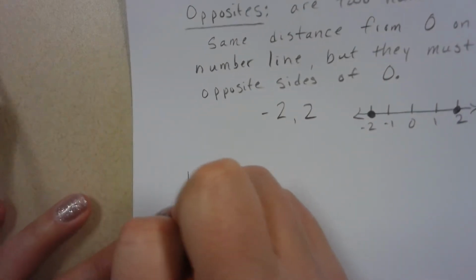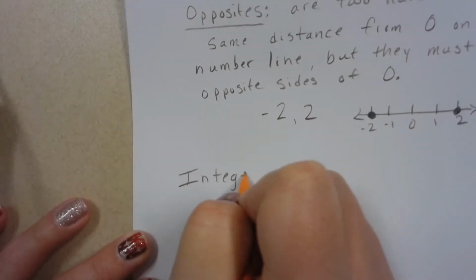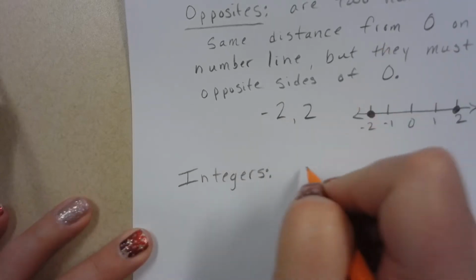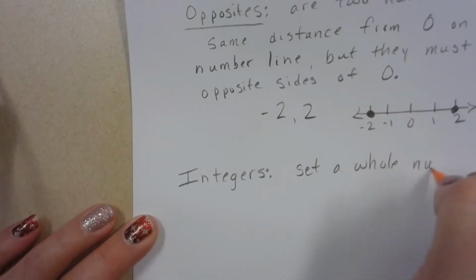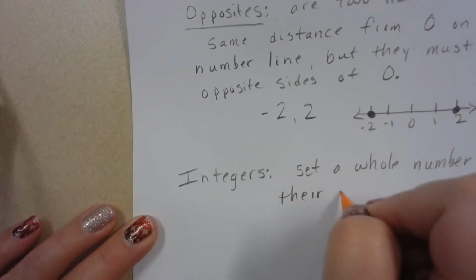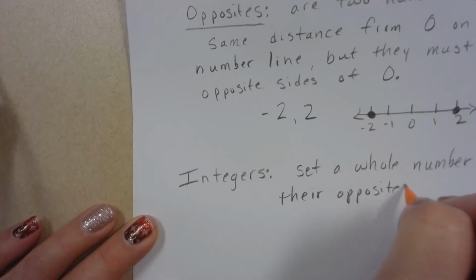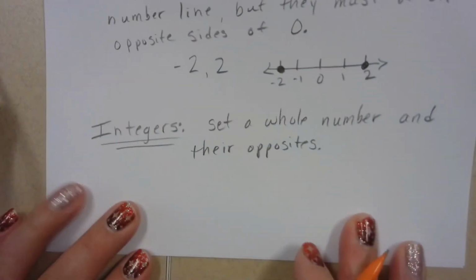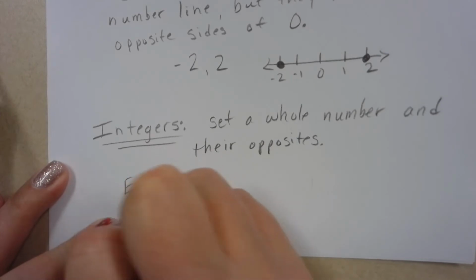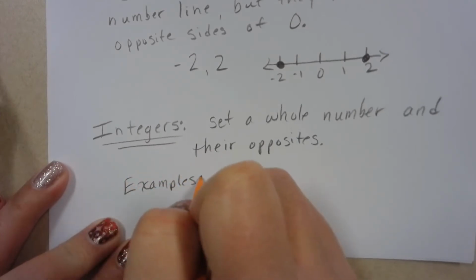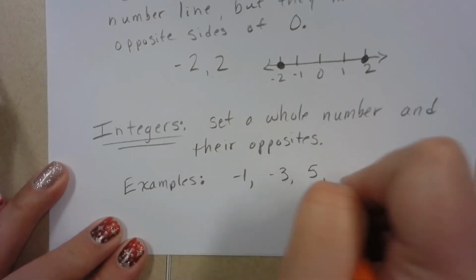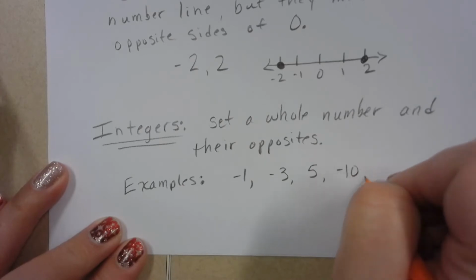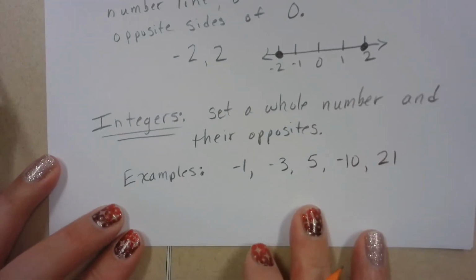Okay, so then we have one more key idea here, and it's integers. Integers are a set of whole numbers and their opposites. Some examples would be -1, -3, 5, -10, 21, right?